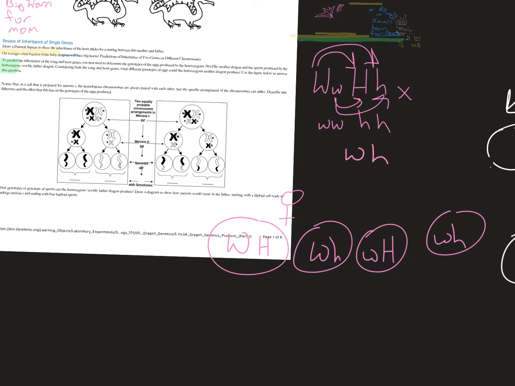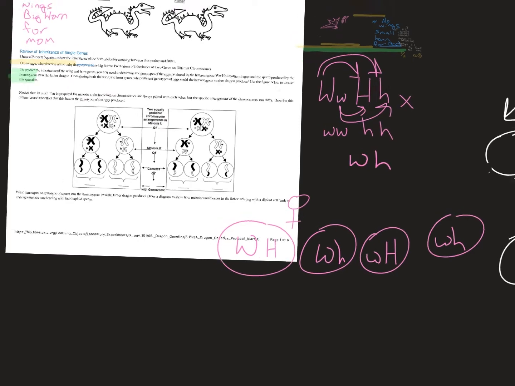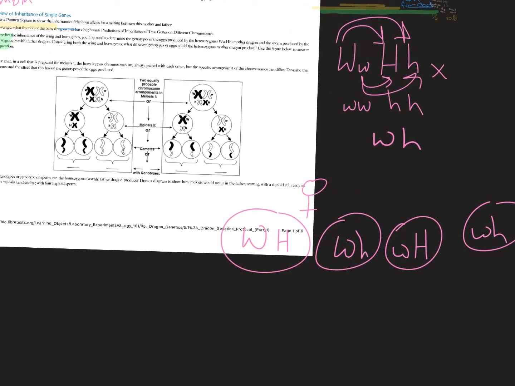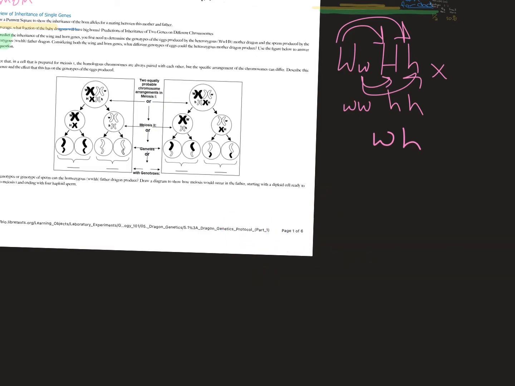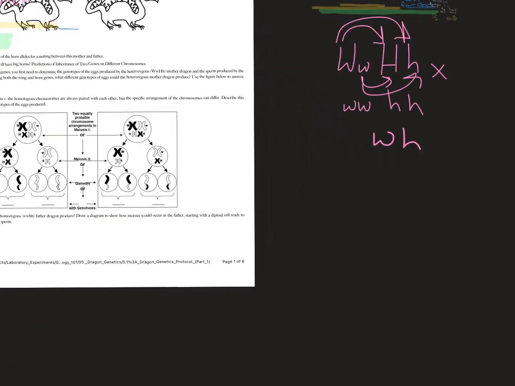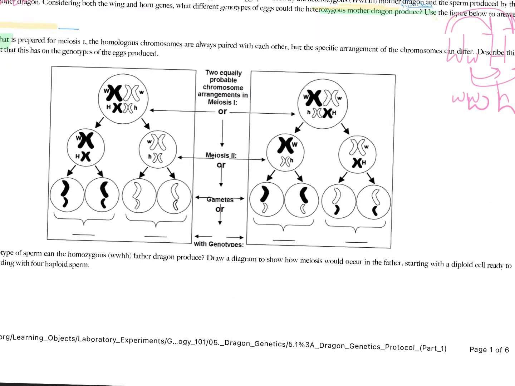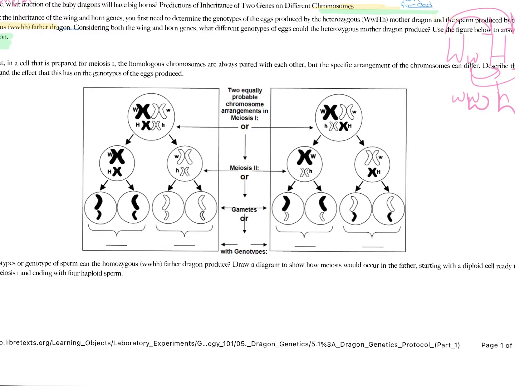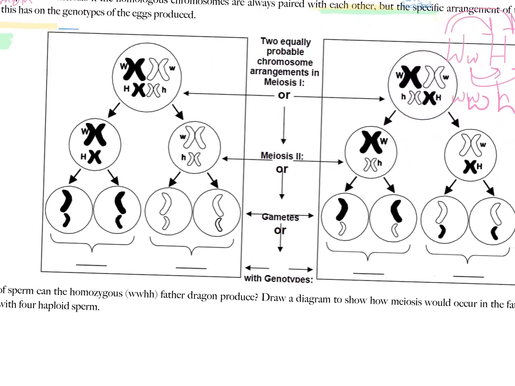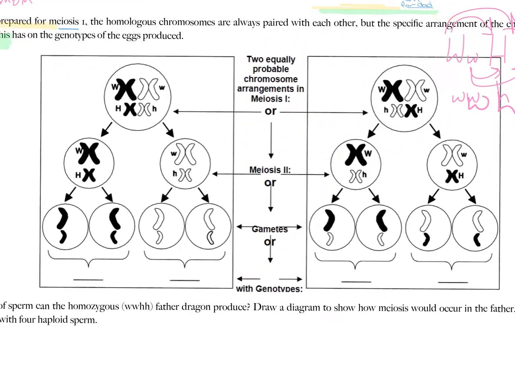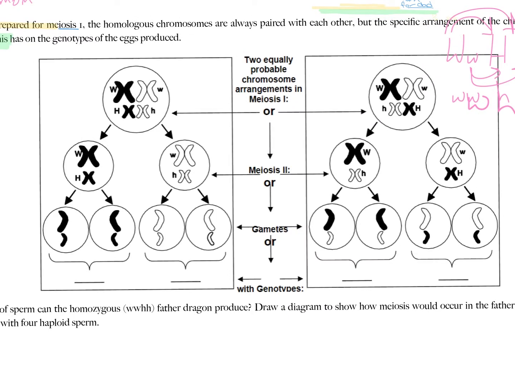All right. So if we go ahead and look at what are the different kinds of gametes that this baby could produce, remembering that you got a big W on each of these, right?